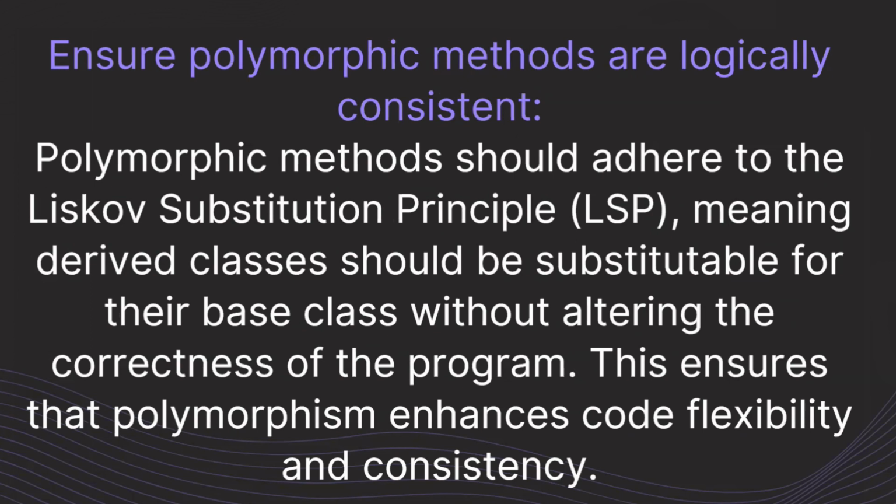Polymorphic methods should adhere to the Liskov Substitution Principle, or LSP, meaning derived classes should be substitutable for their base class without altering the correctness of the program. This ensures polymorphism enhances code flexibility and consistency.